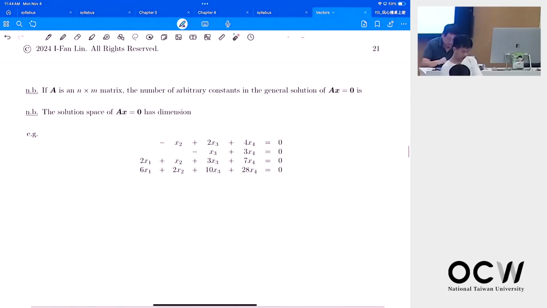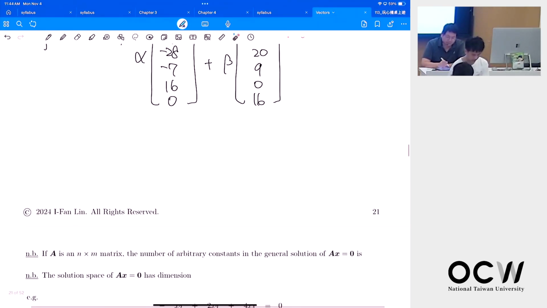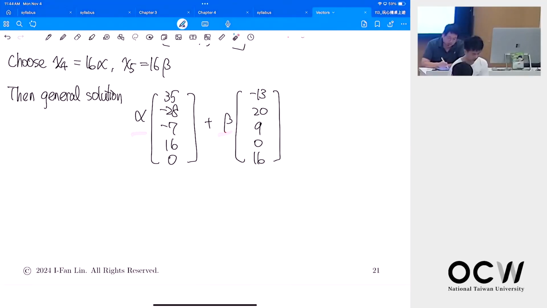If A is an m by m matrix, then the number of arbitrary constants in the general solution, that means I have independent solutions or variables, because I need to choose them randomly with a constant when they are independent.